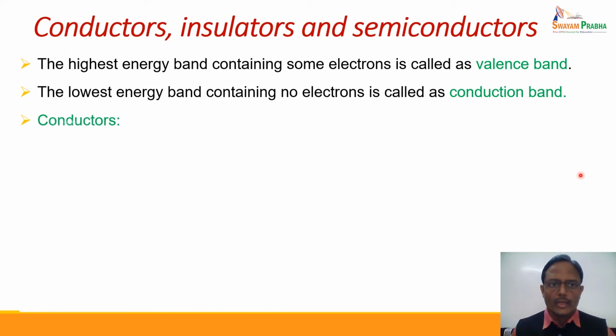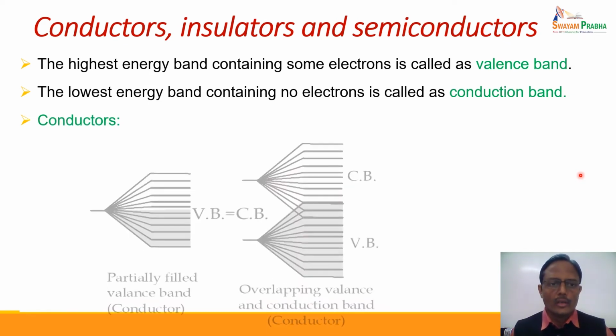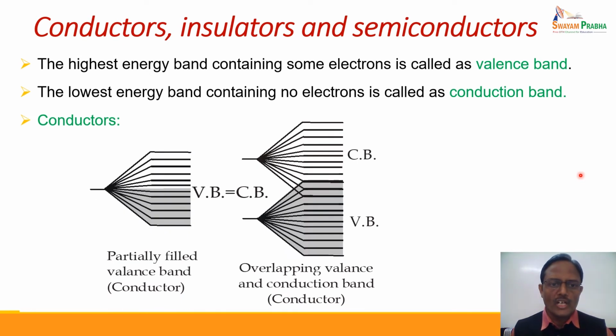Now in case of conductors, the band is either a partially filled valence band or the valence band overlapping with the conduction band. In both cases, if the valence band is partially filled like this, then electrons are free to move anywhere. And because of movement of electrons within a band, the substance acts as a conductor.